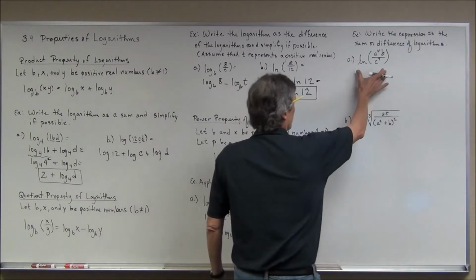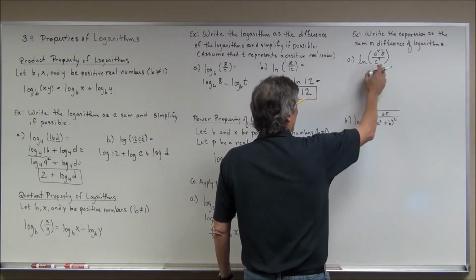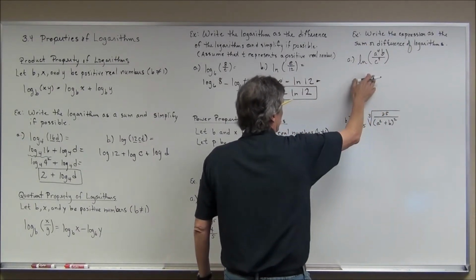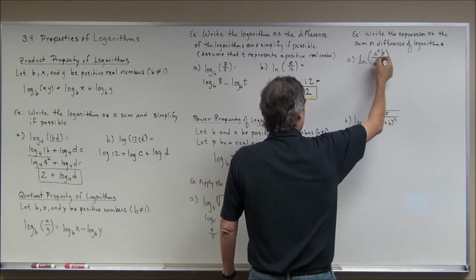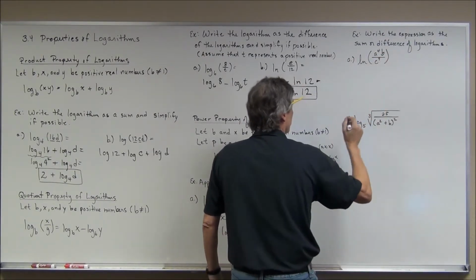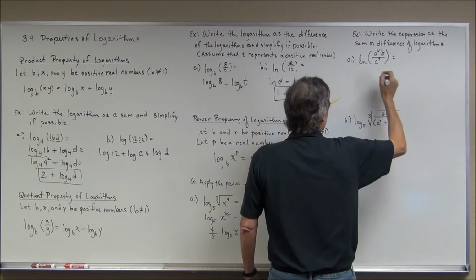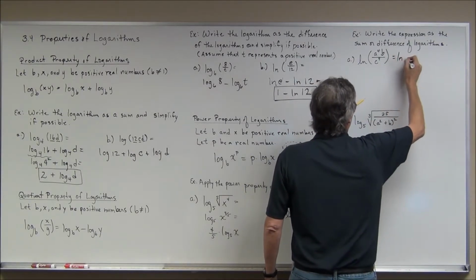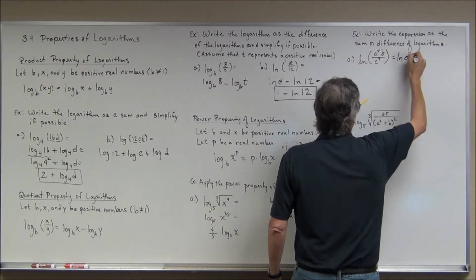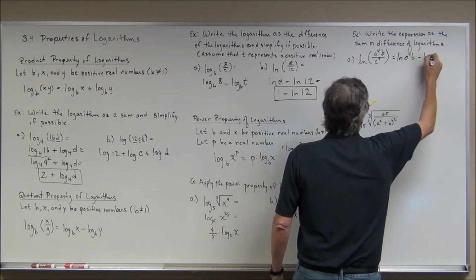The first thing I'm going to do on this example, I have the natural log. It says write the expression as a sum or difference of logarithms, of a to the 4th b all over c to the 9th. That's a 9 there if you can't see that very well. This is the natural log of the numerator, a to the 4th b, minus the natural log of the denominator.